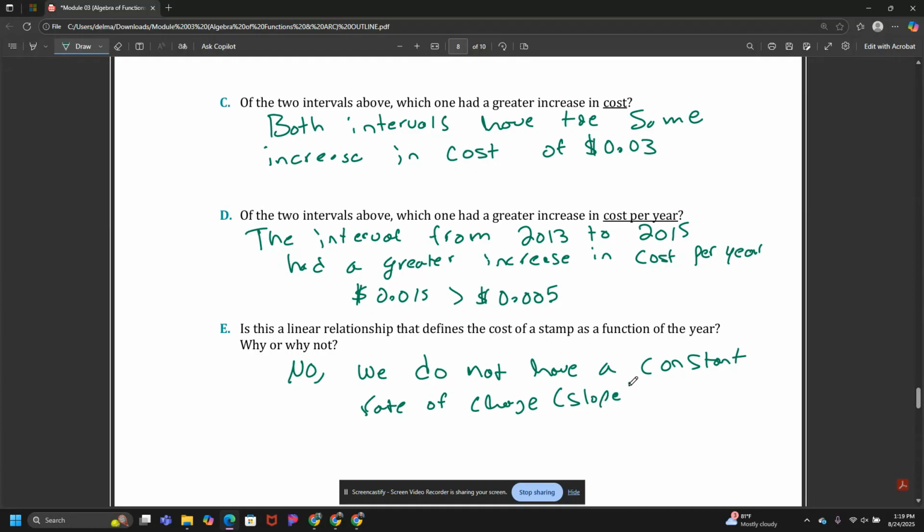Slope in cost per year. If it was linear, the change would have been the same between 2013 and 2015 and between 2010 and 2016. But it's not. Okay, so we know that it's not linear.